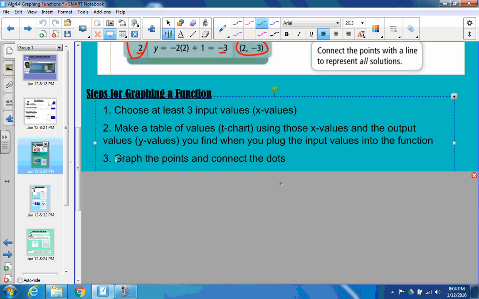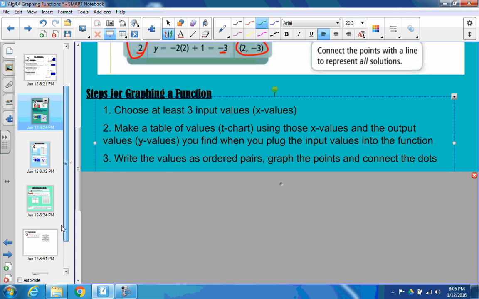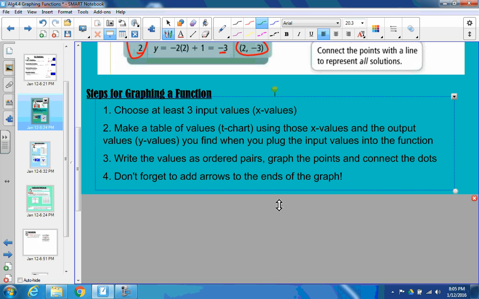I wanted this to say write the ordered pairs, graph them, and connect the dots. All right. Not sure how that disappeared. It was there a little bit ago. And then finally, make sure you don't forget to add the arrows, because the graphs do continue forever.